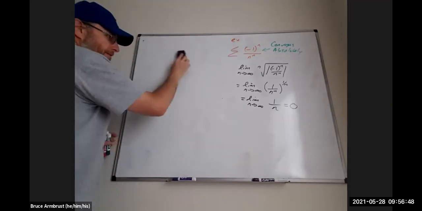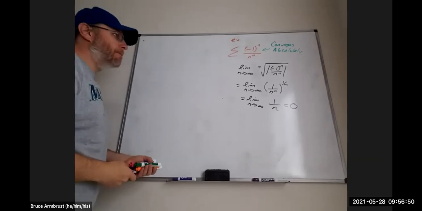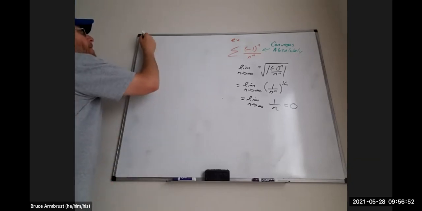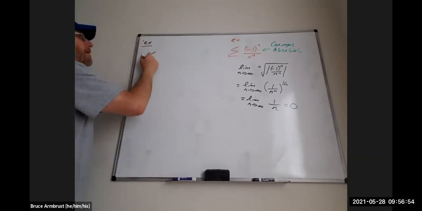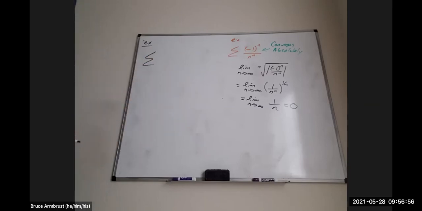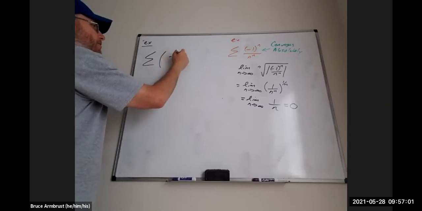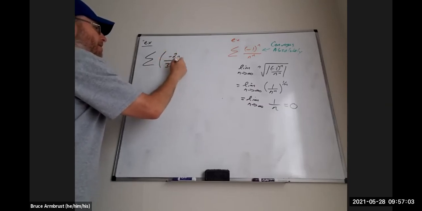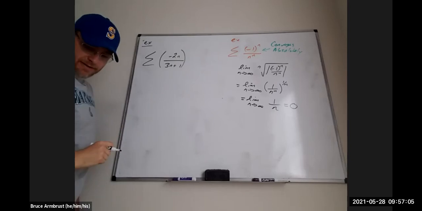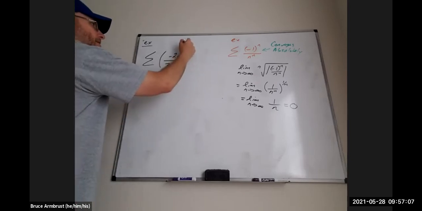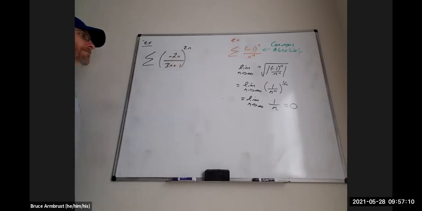So let me show you another one. We'll do a couple more here. Let's look at this series where what we're going to add up is minus 2n over 3n plus 1, and we're going to raise that to the 2n power.